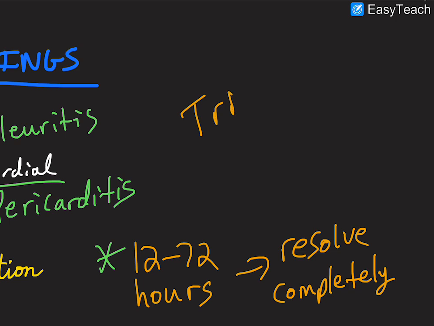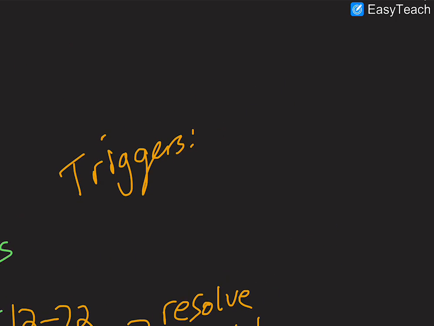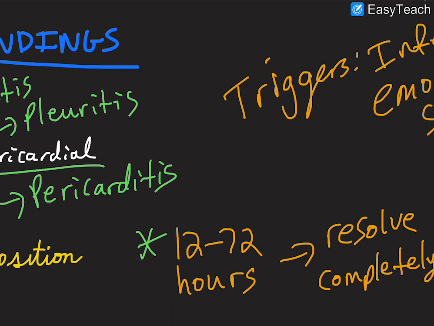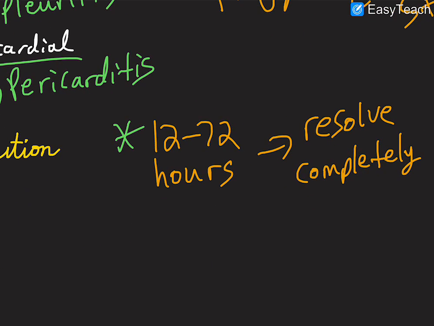What are the triggers? Certain triggers can be things like infection, or emotional stress, basically any stressor can be a trigger to this neutrophil activation and interleukin 1 beta release.